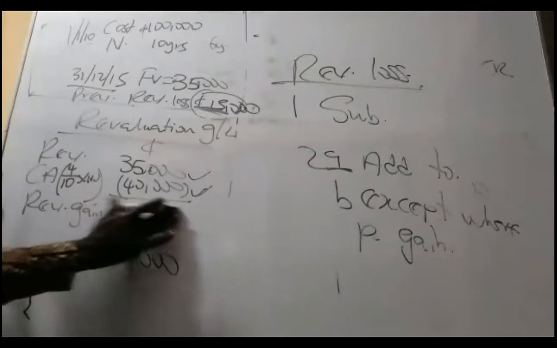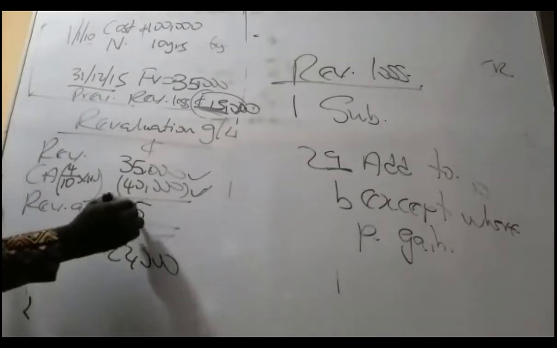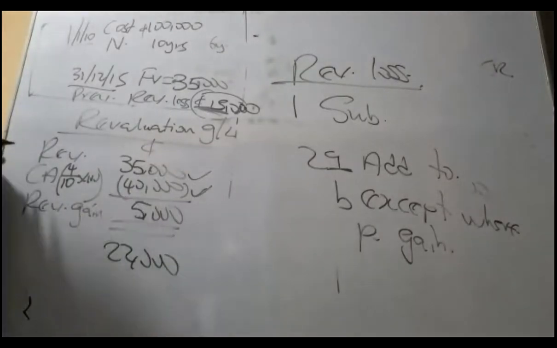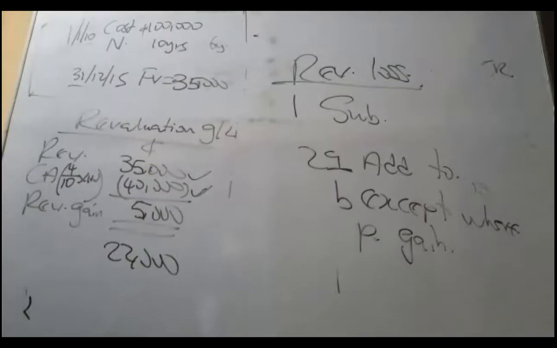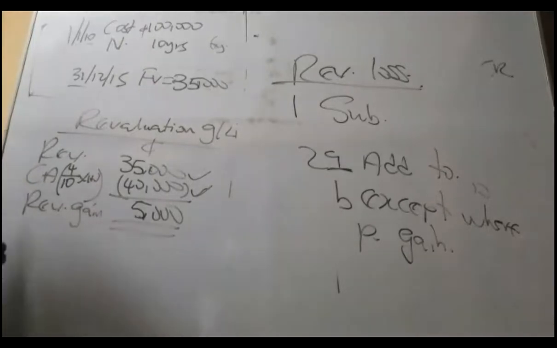So therefore, there's a revaluation loss of 5,000. How do you treat this 5,000? That's what we are going to look out for, and then from there, we look at the exception. Then we are done with the revaluation.